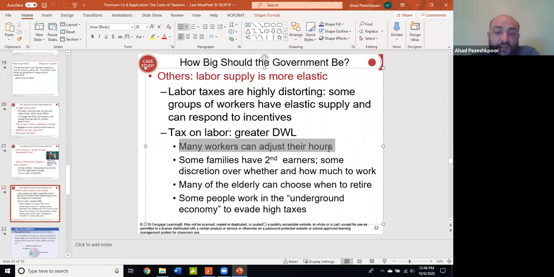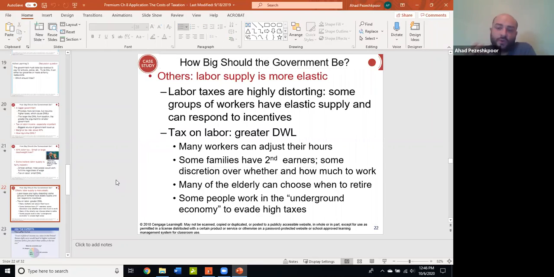Many workers can adjust their hours. Some families have second earners, some discretion over whether and how much to work. For example, let's say an old school family fifty years ago, thirty years ago, the father would go to work, the mother stays home and raises the children. But then, let's say the mother is also working, so they have to pay for childcare.